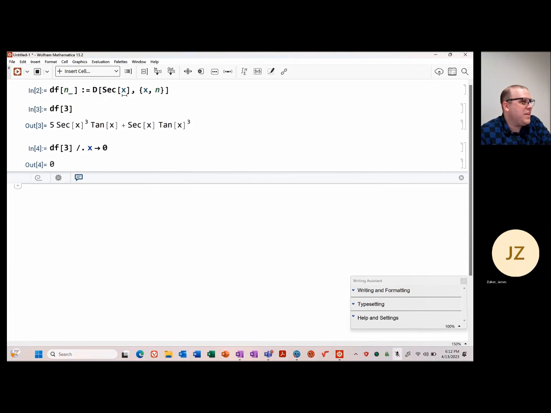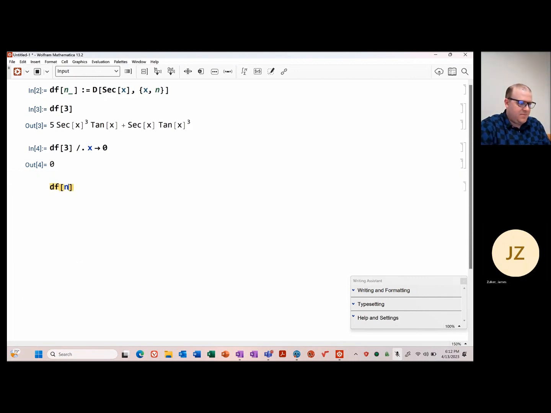If you can on the calculator, it's way too complicated, versus what I could do here. I don't want to use df. df2, let's call it.